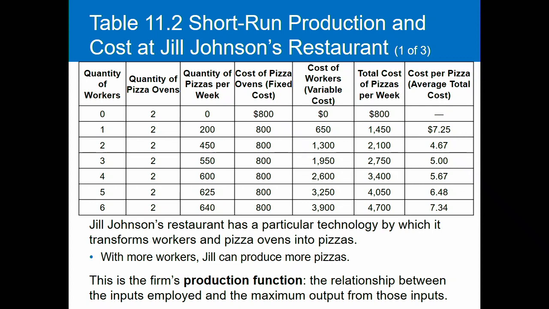And we're now increasing the amount by 200. If she adds a second worker, she can now make a total of 450 pizzas per week. We're increasing the number of pizzas each time. So this is called the firm's production function. Basic idea, comparing, in this case, the labor, the variable cost, and the capital, in this case, fixed cost.